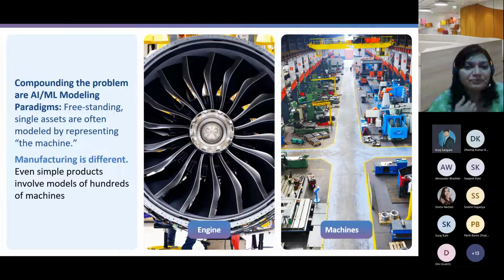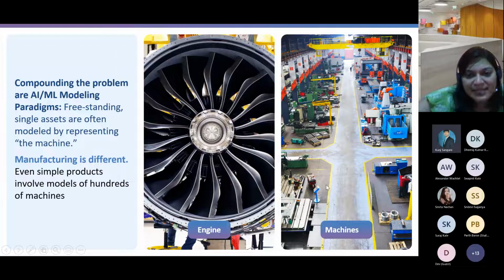If I track or optimize one particular machine, it can be as small as one turbine of a particular engine, or it could be many different machines operating in tandem to achieve one production process. So a lot of different possibilities, and that compounds the problem.